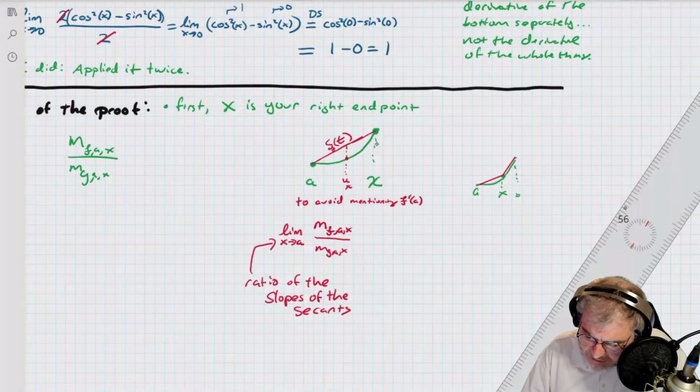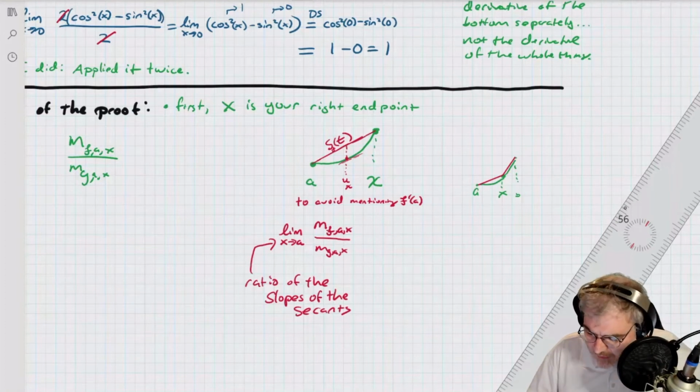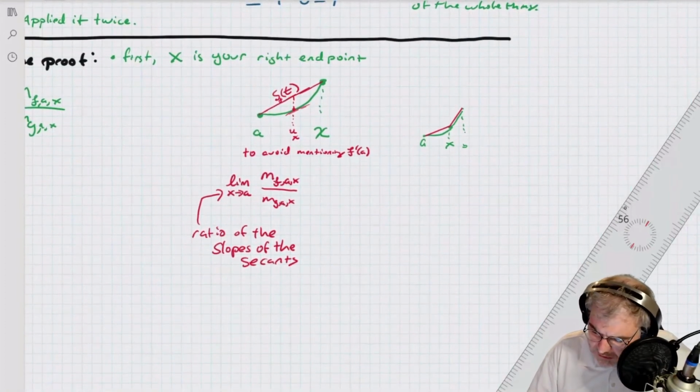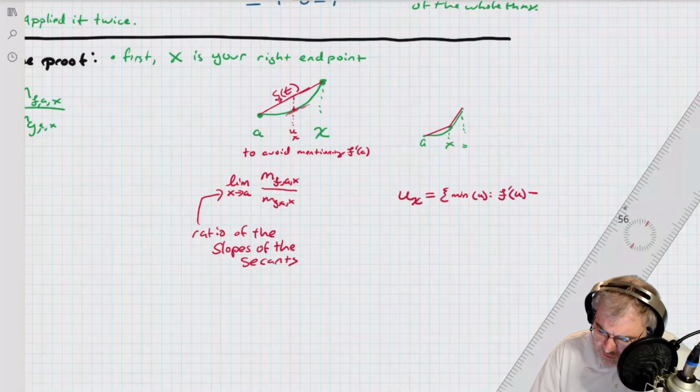So that this slope and this thing's derivative are the same. So I've got ux equals the minimum of u such that f prime of u equals m f ax.